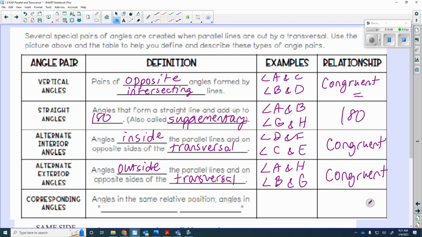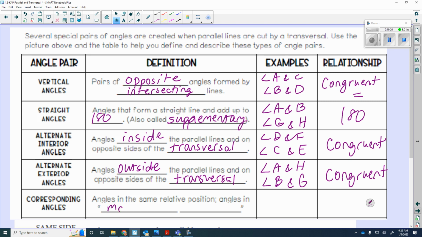Now, a new one. Corresponding angles. Now, that's not really new. It's just new in this scenario. When have we heard corresponding angles before? When we did similar figures. When we did triangles way back in other shapes. You remember that? So corresponding angles are angles that are in the same position. Remember how we talked about that? Like you are here, and then the corresponding person would be Maria because y'all are in the same spot on a different shape. Remember that? So it says here, angles in the same relative position.